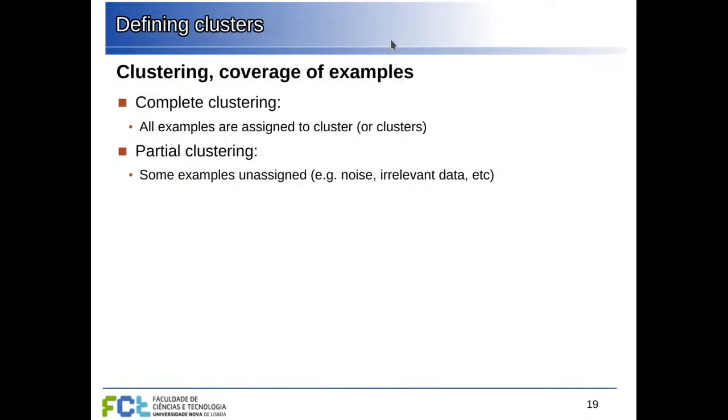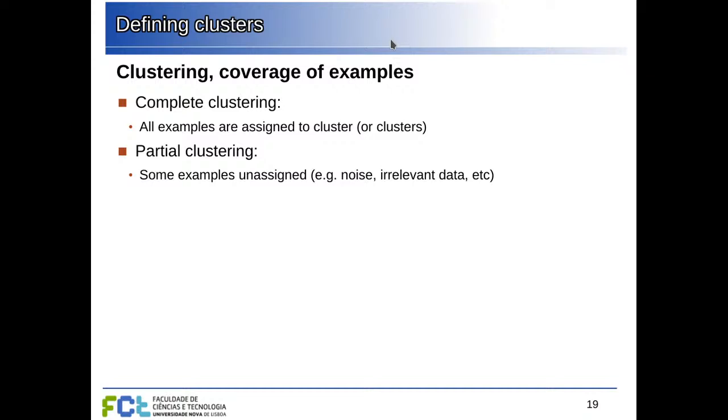Then we need to also determine if we are going to cluster all the examples, or if we are going to leave some examples out. So in the case of complete clustering, all examples are assigned to clusters, at least one cluster. In the case of non-exclusive clustering, it can be more than one cluster. With partial clustering, we leave out some examples. For instance, if we consider that they are noise or irrelevant or something like that, we may discard them as not belonging to any cluster.